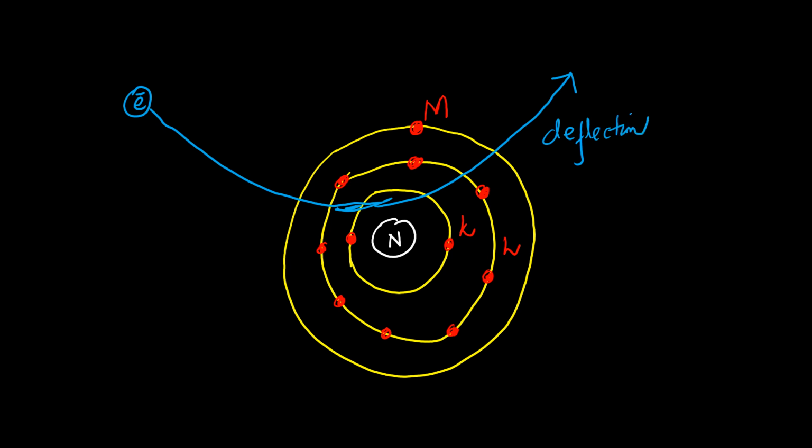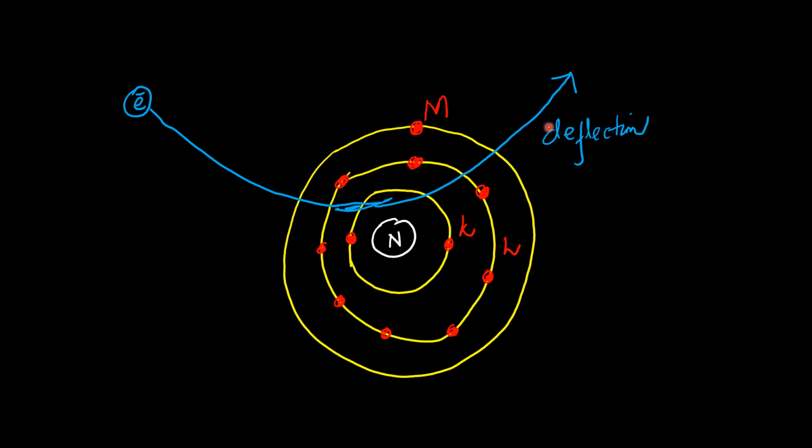Whenever an electron of higher energy is incident on the atom, since the nucleus is positively charged and the electron is negatively charged, the electron may be deflected because of the force of attraction between the nucleus and the electron.